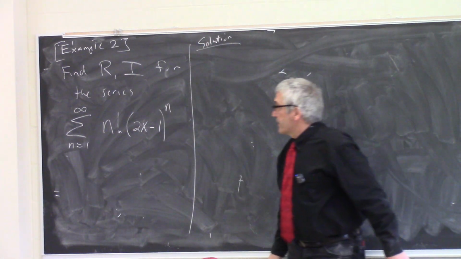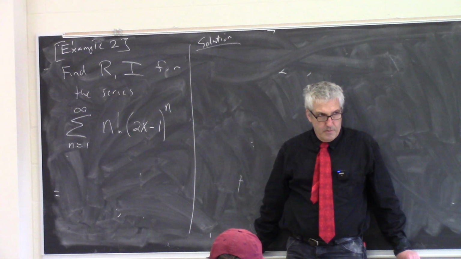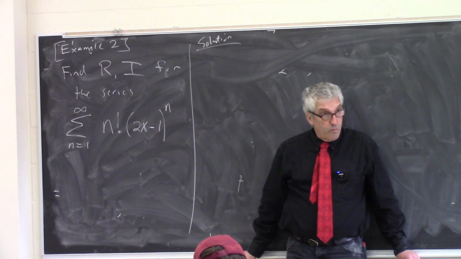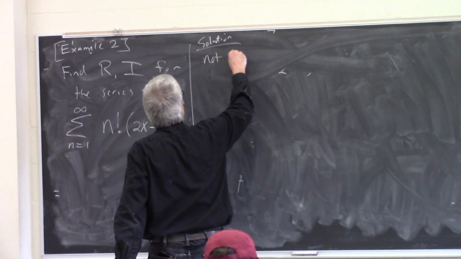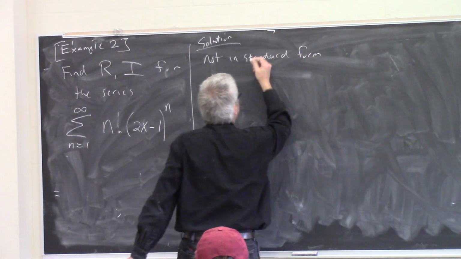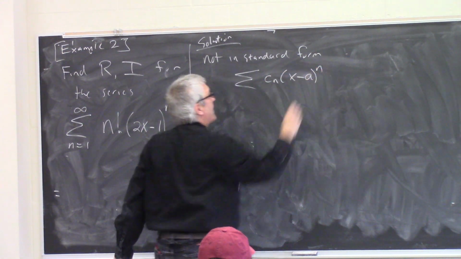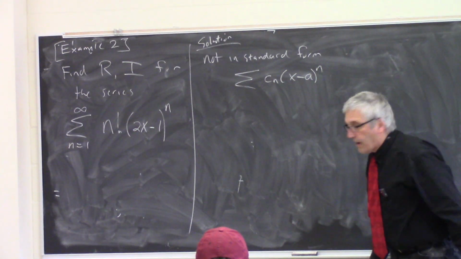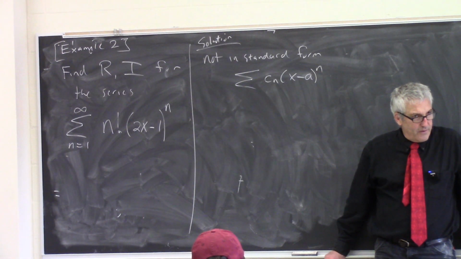Does anybody notice something that's kind of annoying about this one? Well, what's annoying to me is it's not in standard form. Standard form is x minus a to the nth. I don't have that. I have 2x minus 1 to the nth. So I want to put our series in standard form.